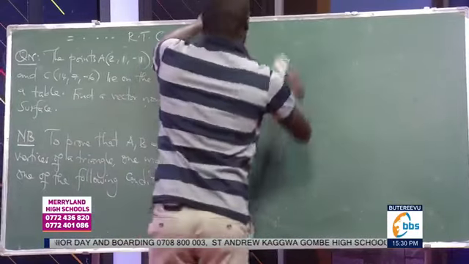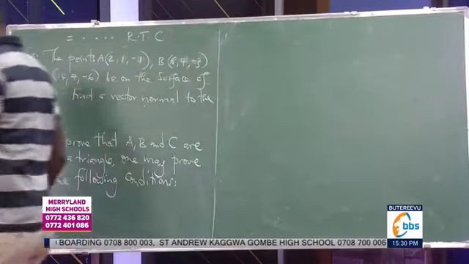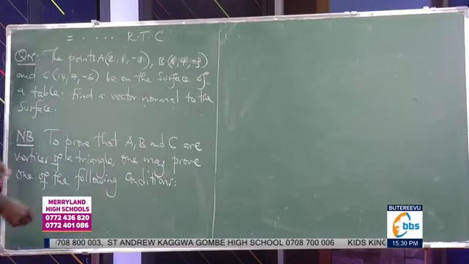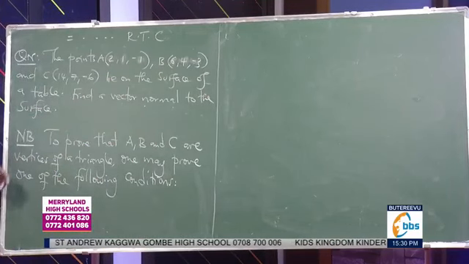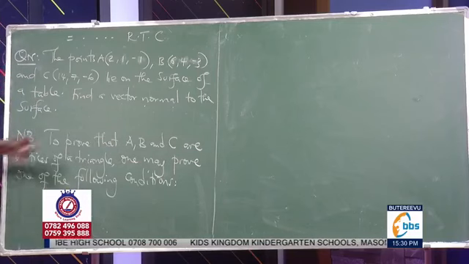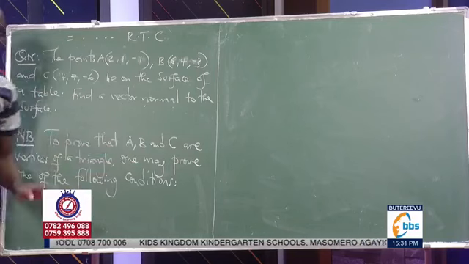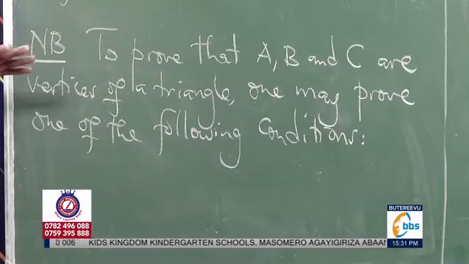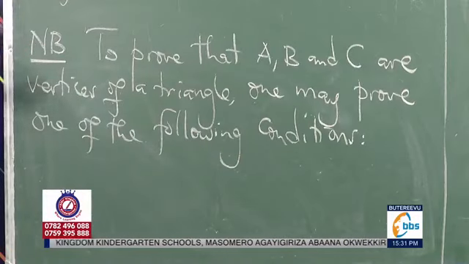Last time we looked at the cross product. So how can I prove that A, B, and C are vertices of a triangle? Now for A, B, and C to be vertices of a triangle, the general issue here is they should not be collinear.